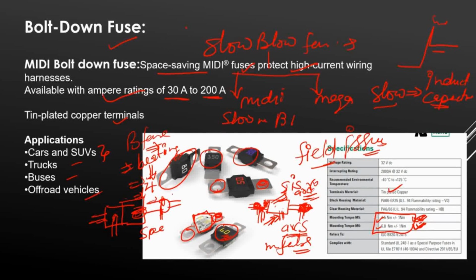Second, that you have loose connections or loose fitment, and due to that arcs are created or heating happens, and due to that your fuse will be blown. We will see all these, but you have to take care of this also when you are diagnosing fuses in field issues.